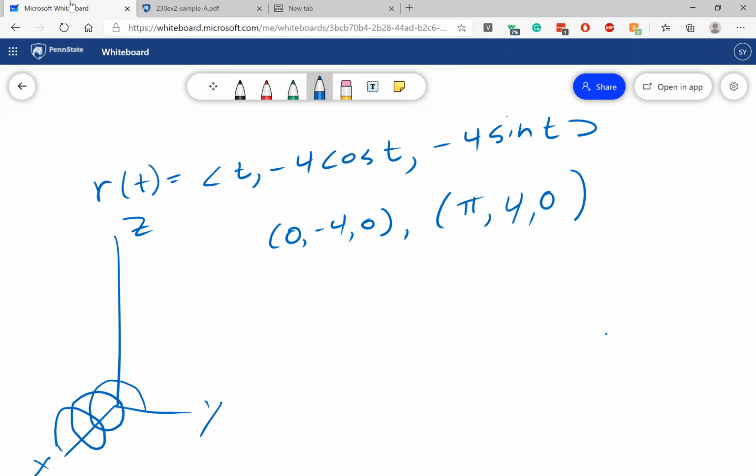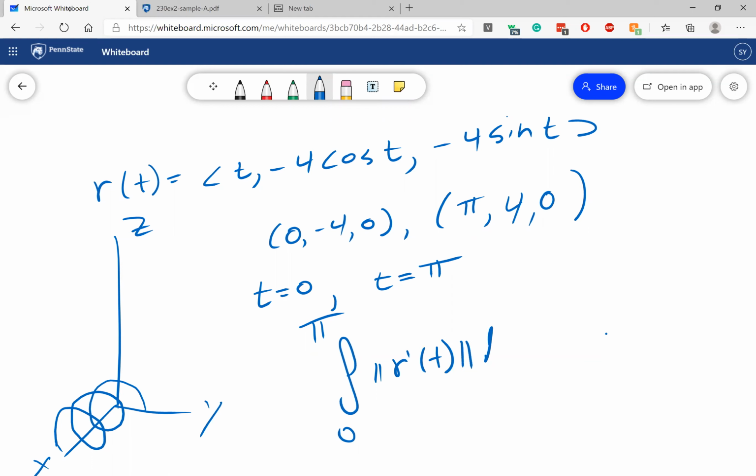The first one is t equal to 0, and the second one is t equal to pi. So now we can take the integral from 0 to pi of the magnitude of r prime of t dt, and that would be our arc length.